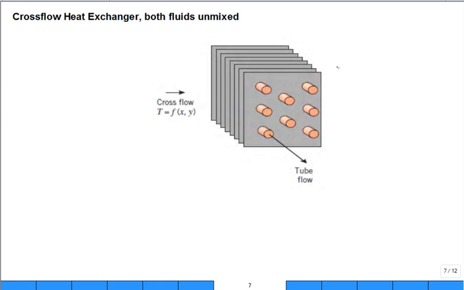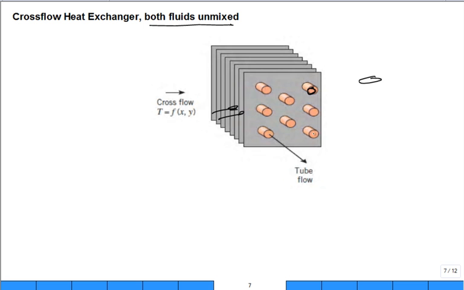And if you ever look inside, the passages for the water are usually not round, more like oval passages. But what happens over here, they have fins, right? It's fin surfaces to help promote heat transfer. So here, both fluid streams would be unmixed, meaning that once it's between these fin passages, it stays, and it doesn't go back and forth between them.